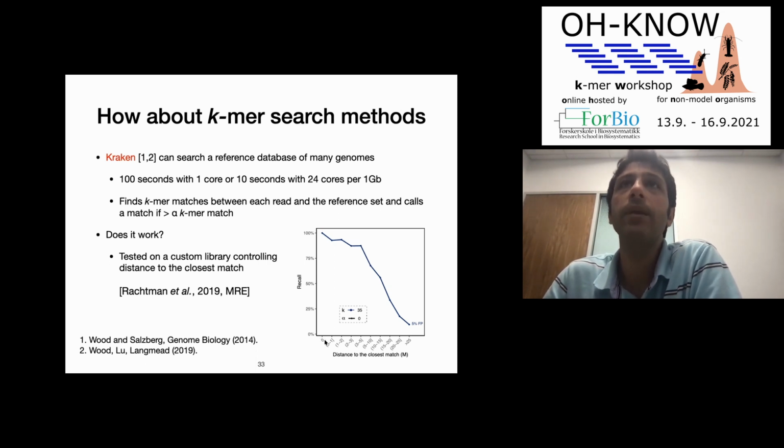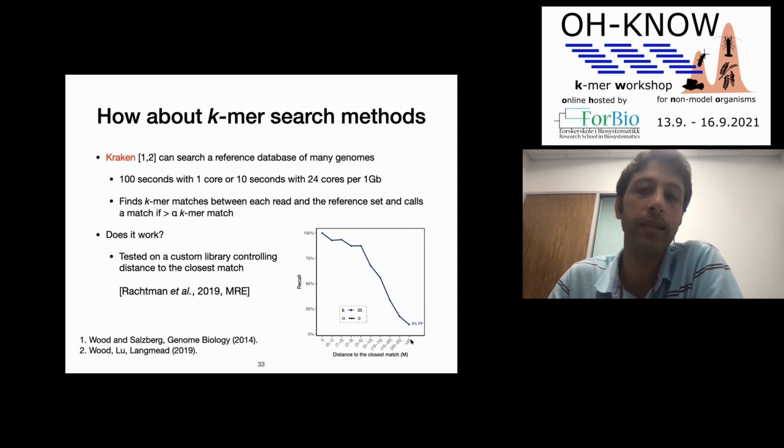We created contaminants that have an exact match in the reference database, that's this 0 right here, or ones that have a match at a distance between 0 and 1%, 1 to 2%, 2 to 3%, all the way to contaminants where your closest match in the reference database is more than 25% distant.